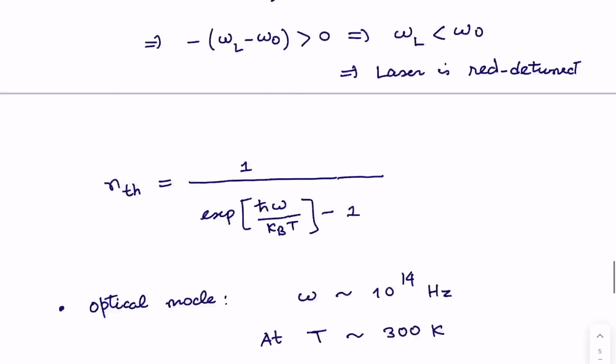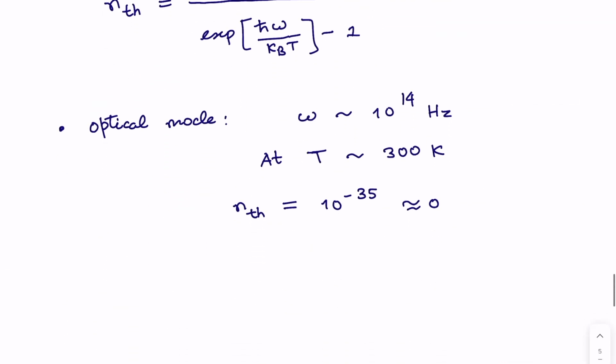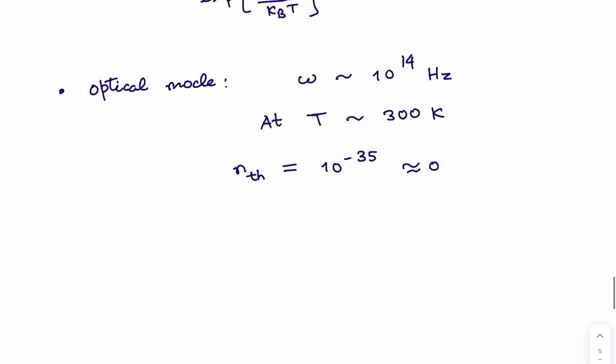That's the reason when I have drawn this diagram here, you see the optical oscillator is connected to vacuum at temperature 0. So the optical mode is effectively at 0 temperature.